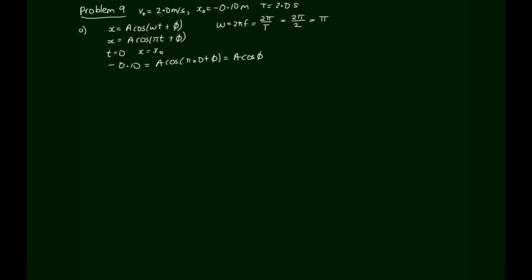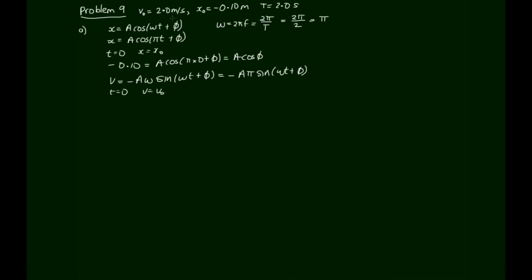We also know a bit about the velocity. So let's write down an expression for the velocity. Using this, we know what omega is. So the velocity is equal to minus A omega sine(omega t plus phi). And so this is equal to minus A pi sine(omega t plus phi). And then we know at t equals 0, v is equal to v0.